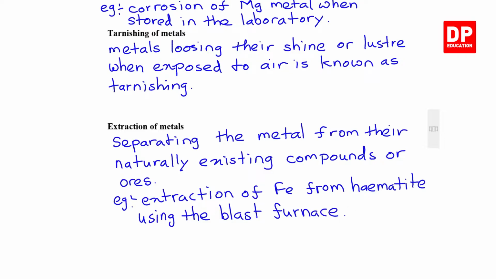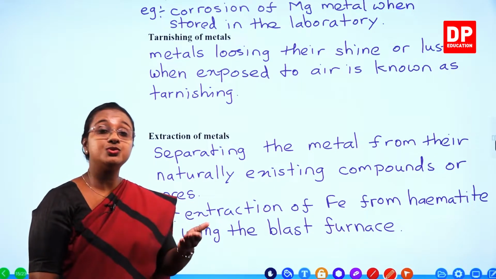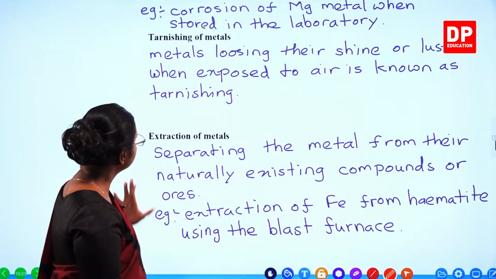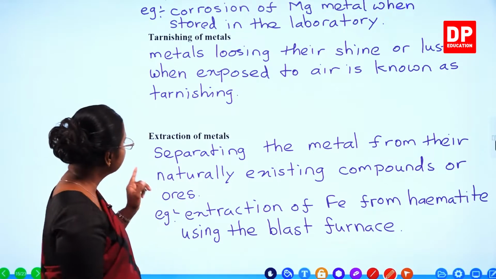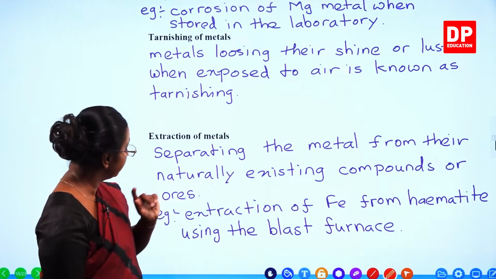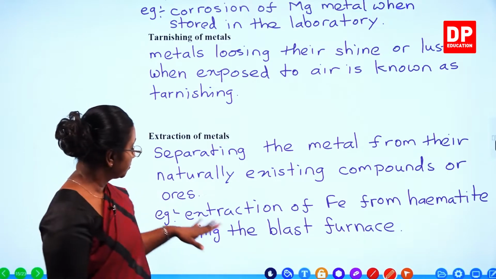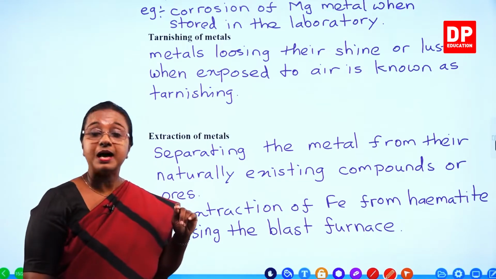That is one. Like we discussed in the previous slide, electrolysis. Electrolysis of sodium chloride is used to extract sodium. So those are all different processes of extraction of metals. So basically separating the metal from their naturally existing compounds or ores. So example is extraction of iron from hematite using the blast furnace.